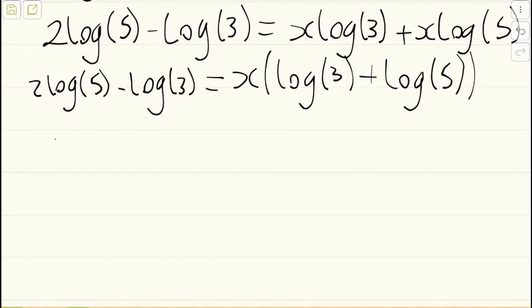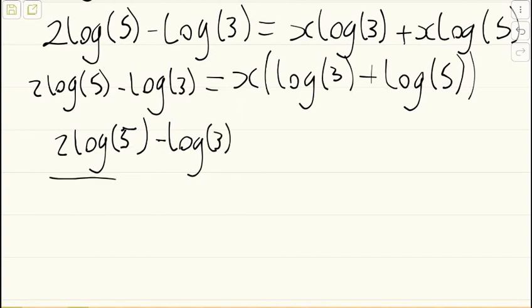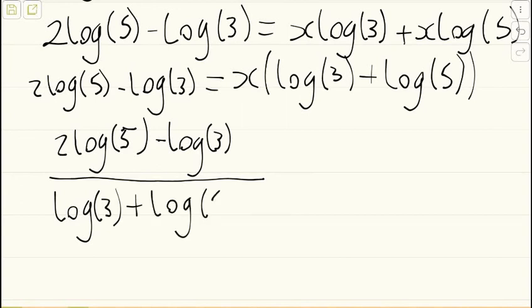So I get that 2 log of 5 minus log of 3, all divided by log of 3 plus log of 5 is equal to x.